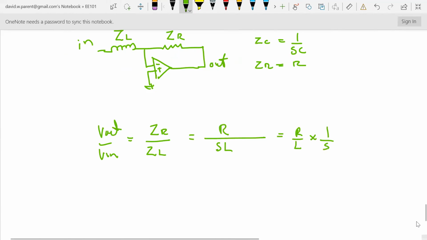And the beauty of that is I can take the inverse Laplace transform of that, and that gives me, oh, there's a minus sign here, minus R over L, integral of V in dt.